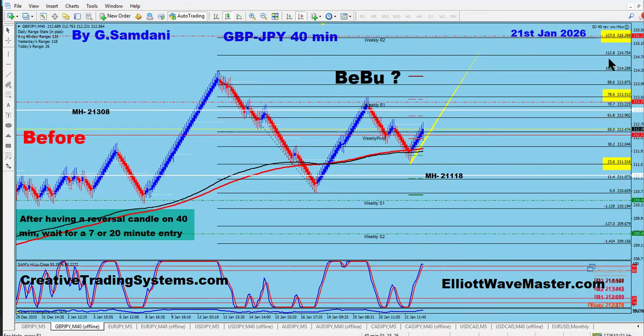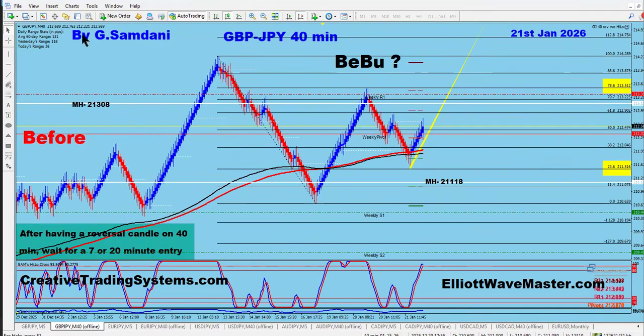But these patterns, Gartley, Bat, Butterfly, all these different patterns and the Elliott wave count give me solid turning points, and from there I use my system entry from either the 7-minute chart or the 20-minute chart. If it shows up, I take that, and that makes this system almost 70-80% positive outcome. All right, so this is it for now.